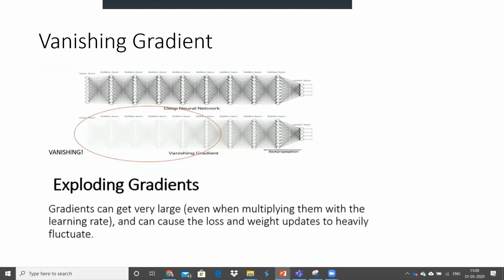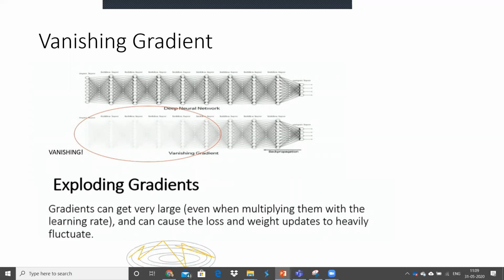In case our learning rate is high, or if we initialize our weight at a very high number, right? As we have seen in weight initialization, we need to initialize the weight with a normal distribution and so on. But if somebody initializes the weight with a high number, or the learning rate is very high, then the gradient can get very large. Even when multiplied with the learning rate, they can cause the loss and weight to fluctuate heavily.